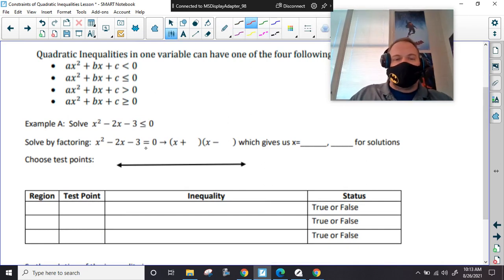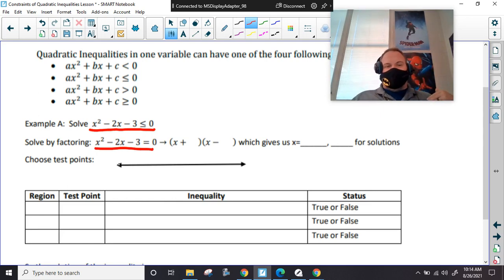Okay. Now, here's the deal, pickles. The first thing we have to do, we're given this problem right here. Okay. So we kind of treat it like we did yesterday, where we have to factor it. All right. So remember, it's what are the factors of -3 that gives us -2. Well, luckily, there's only two factors of 3, 1 and 3. Now, this sign, remember, this sign tells us that our bigger number is negative.